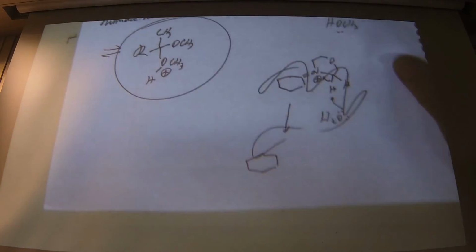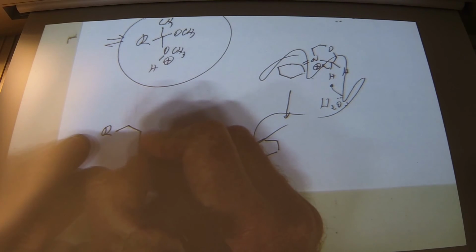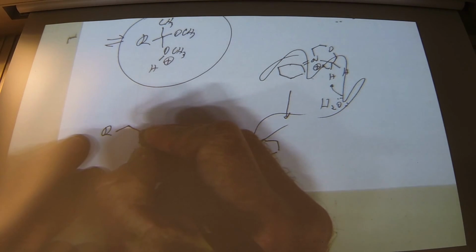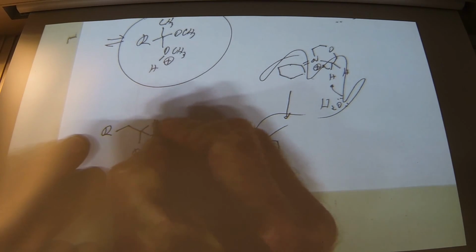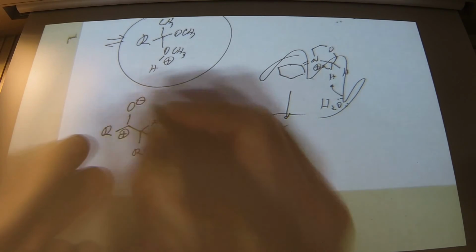And it also indicates to you that there's going to be special reactivity associated with the alpha carbon atom. So, in other words, because this carbon, I'll show the charged resonance structure.